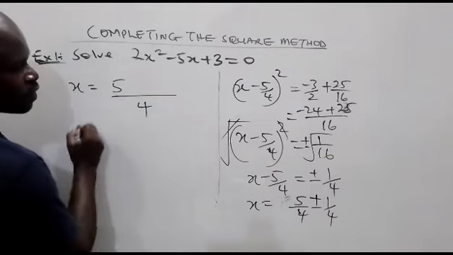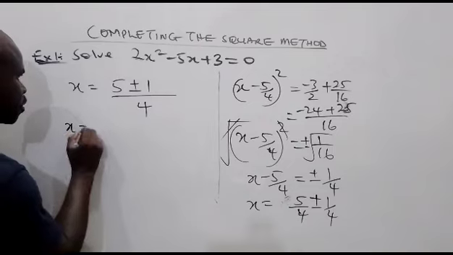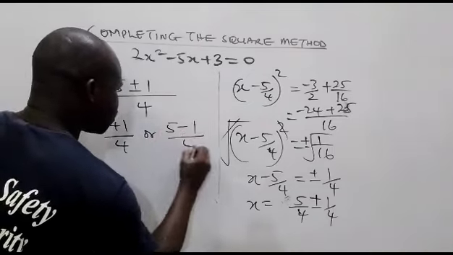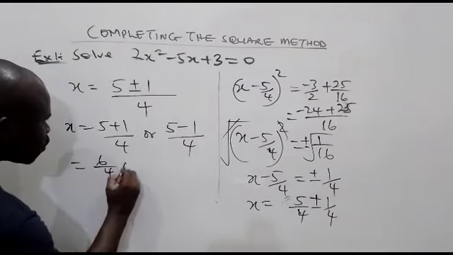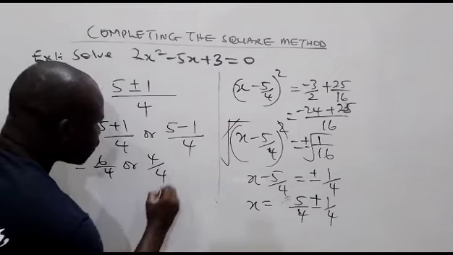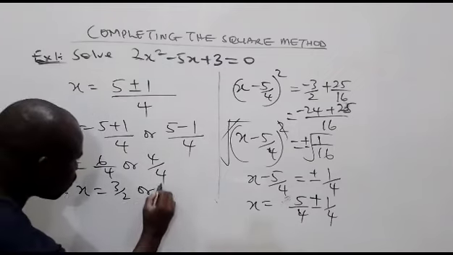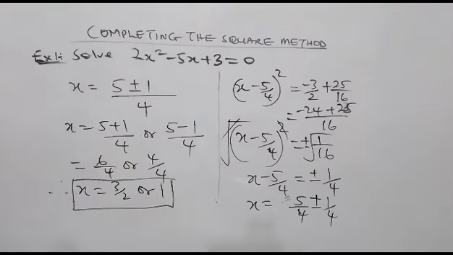Then we have x equal to 5 plus 1 over 4, or 5 minus 1 all over 4. If we do that, x is equal to 6 all over 4, or 4 all over 4. Then finally, x is equal to 3 all over 2, or 1. These are the values of x. That is what you are going to get.